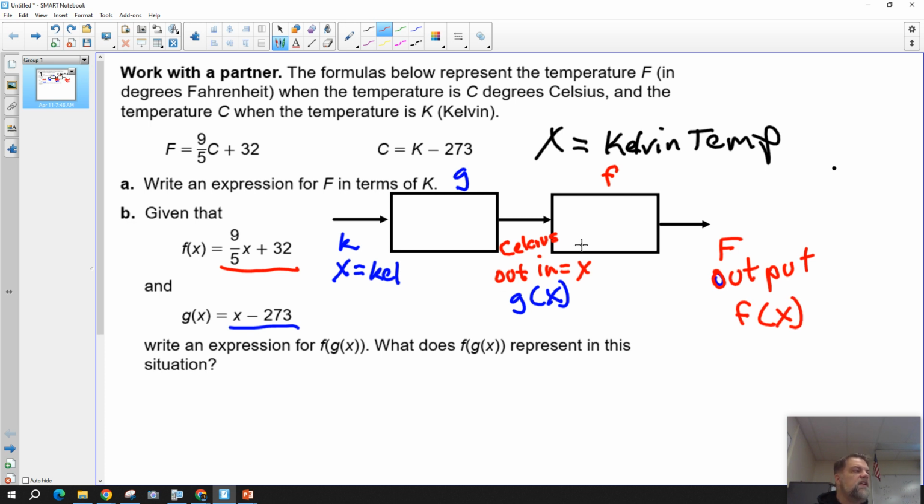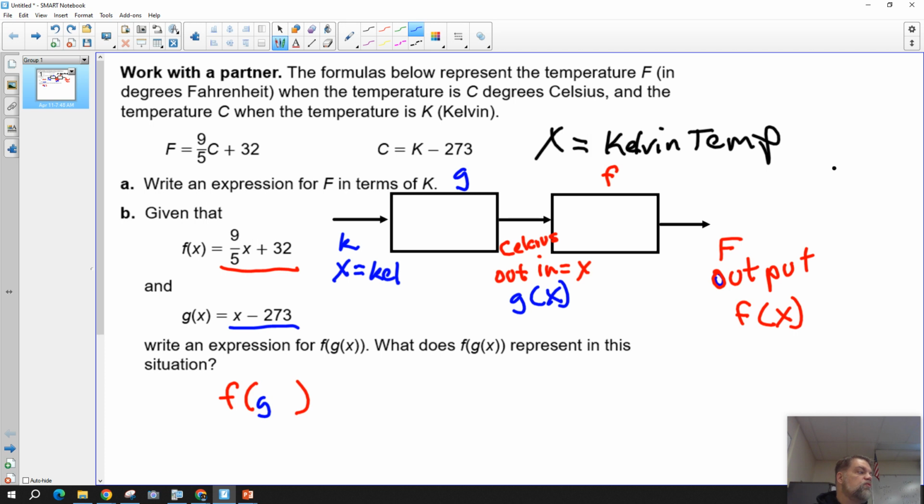So now, in order to do that, really what I could do is I could take this g of x and input it into f of x. That's what this is. Down here below, they're saying write an expression where you have f. Now, normally we would say f of x, but what are we going to plug in for f of x? The value of g of x, right? So I'm going to say g of x.